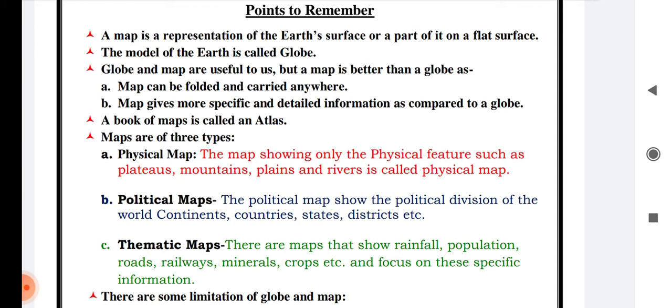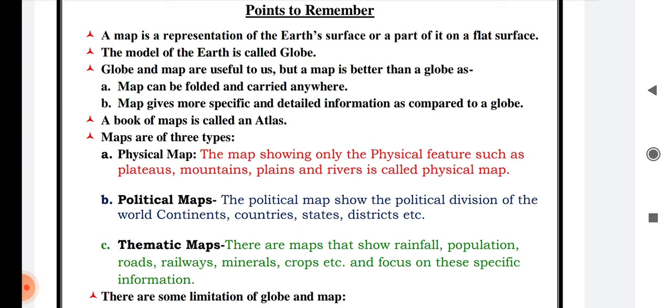Let us see. When we compare globe and map, we find, children, that a map is better than a globe. A map can be folded and carried anywhere. Yes, it is very easy to carry the map from one place to another, like your workbook.